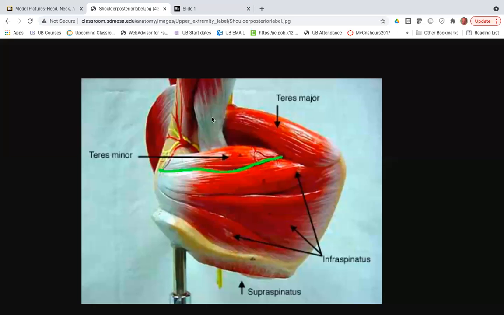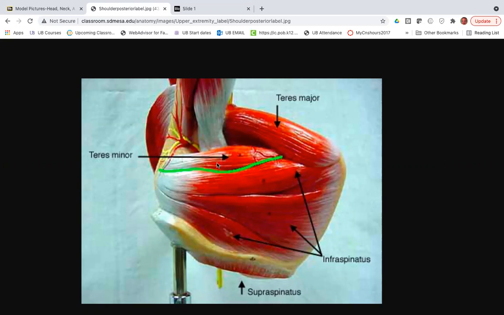And this muscle right here is the long head of the triceps. The long head of the triceps brachii gets pinched between or sandwiched between Teres Minor and Teres Major. Again, Teres Major is not a rotator cuff muscle. Supraspinatus, infraspinatus, and Teres Minor are three of the four rotator cuff muscles.